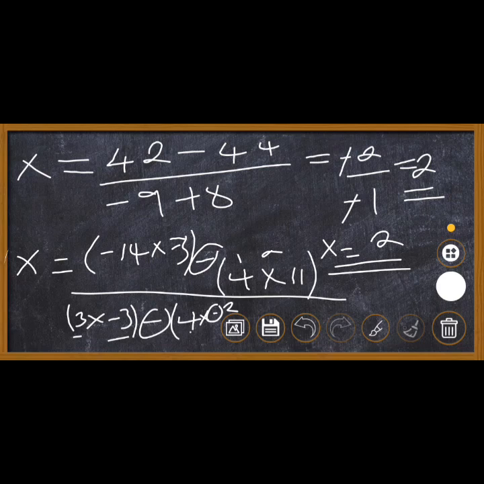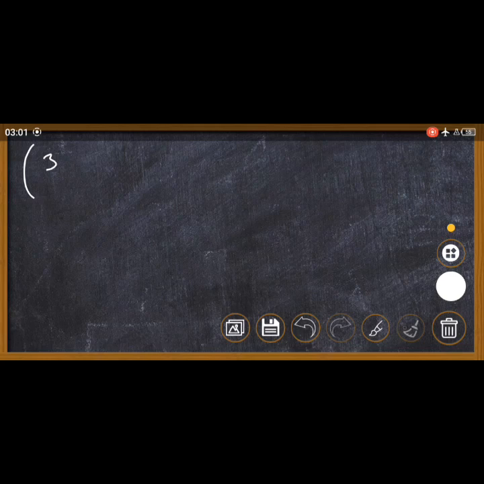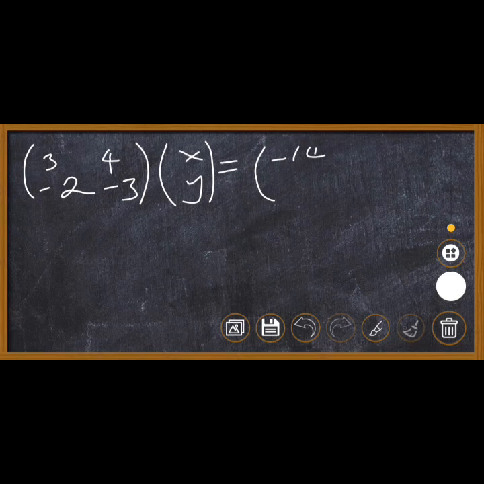Now remember, our matrix form was what? It was 3, negative 2, 4, negative 3, and then here we had x and y equals to negative 14 and 11. For us to find the value of x, we had replaced these values with what we had here.